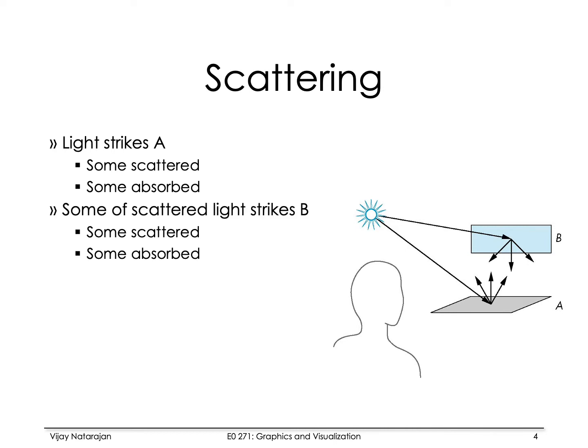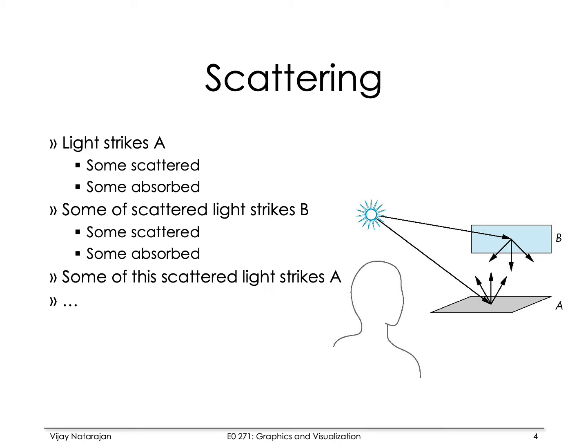Some of this scattered light goes and hits B, which in turn scatters the light and absorbs part of it. Some of the light that has scattered back from B could come and strike A again, and so on.